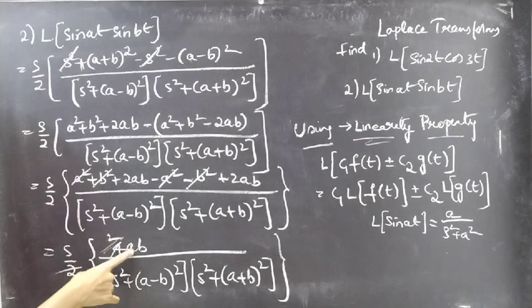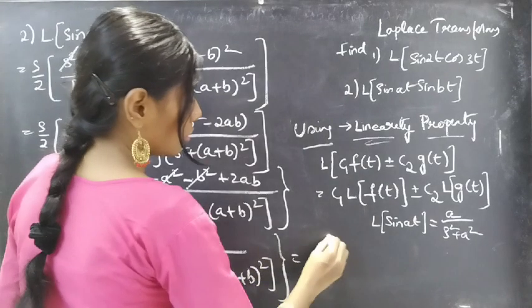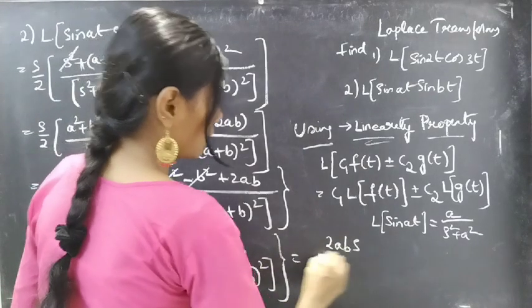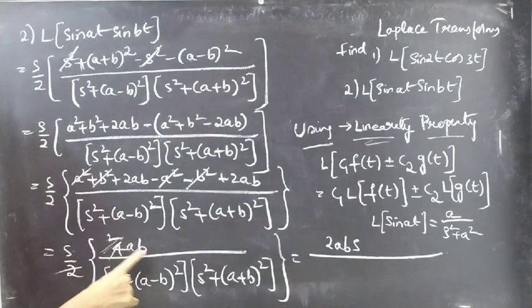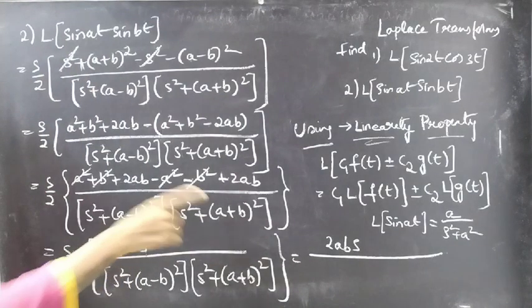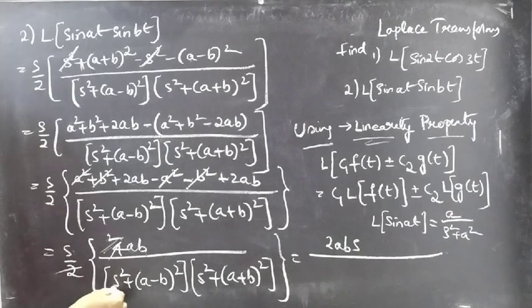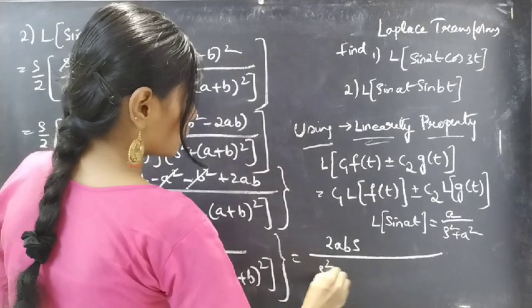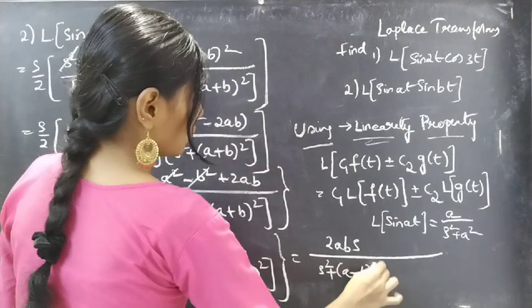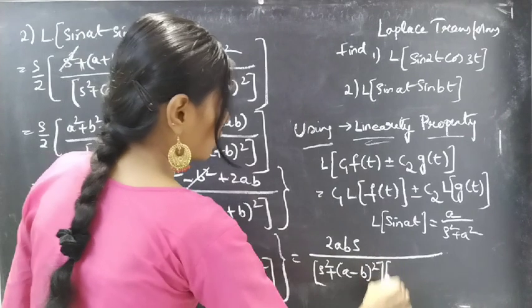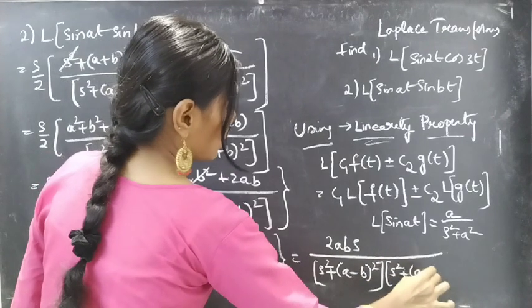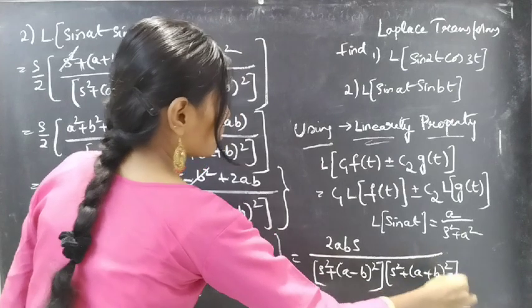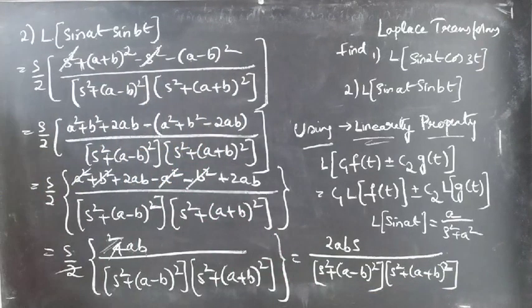This gives us 2abs in the numerator, and in the denominator you'll get s square plus (a minus b) whole square into s square plus (a plus b) whole square. Okay, which completes the problem.